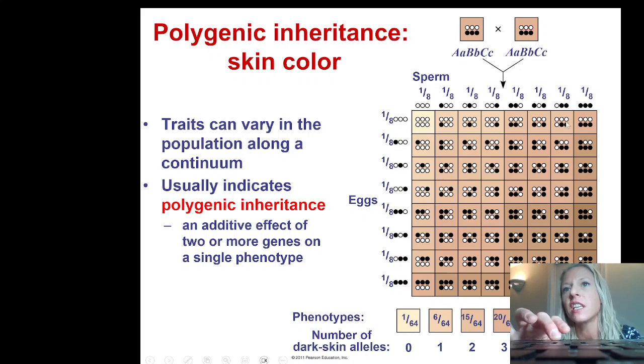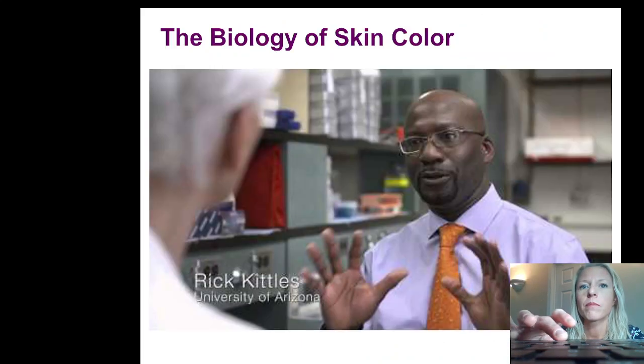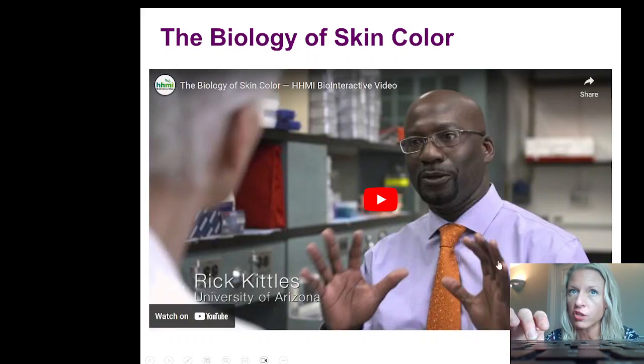And so you can see that there's a very wide distribution here. This video, we're not going to watch it right now, but you should watch it. It is really great and informative.